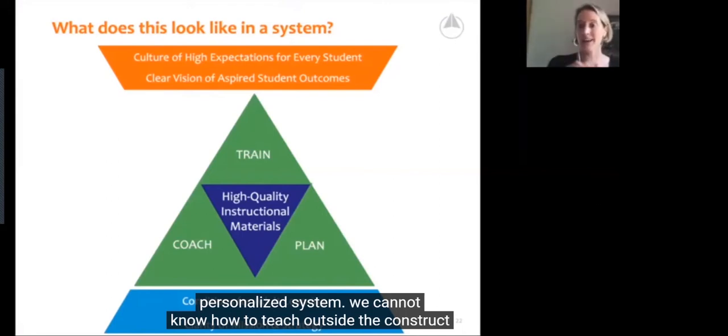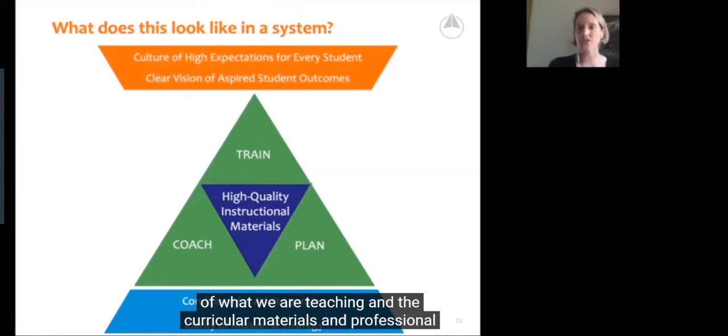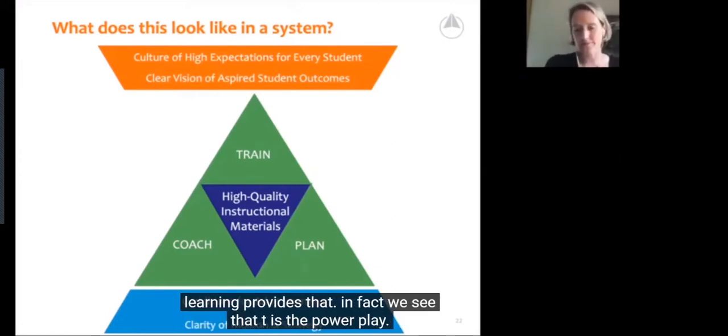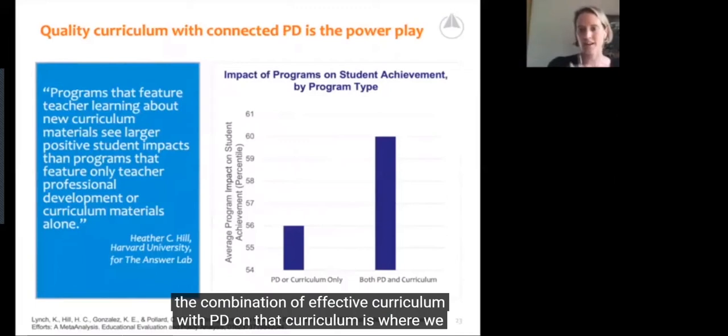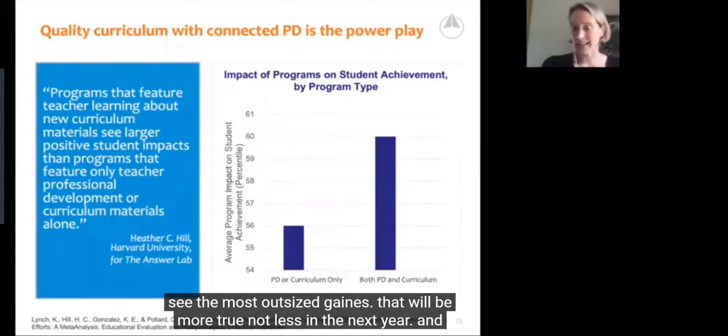We cannot know how to teach outside the construct of what we are teaching, and the curricular materials and professional learning provide that. In fact, we see that it is the power play, the combination of effective curriculum with PD on that curriculum is where we see the most outsized gains. That will be more true, not less, in the next year.